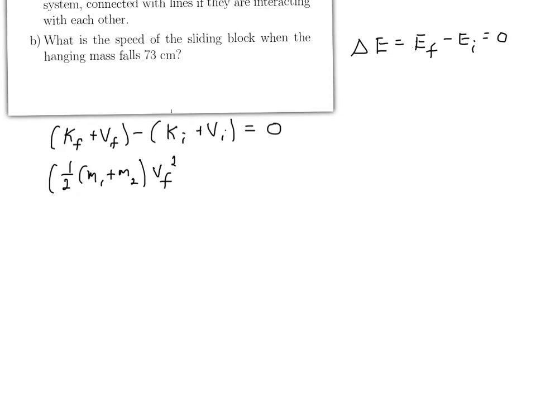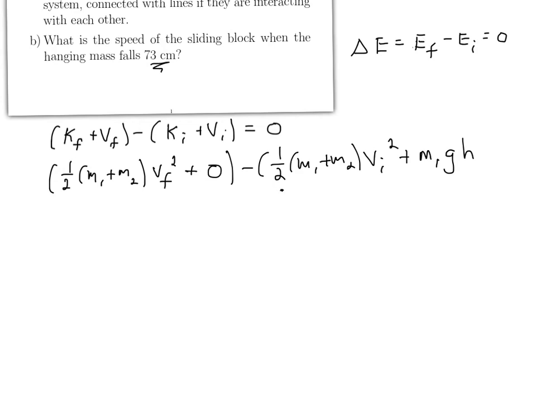So I can just put in plus 0 because the final potential energy is going to be 0, minus 1/2 (m1 plus m2) v initial squared, plus m, and which m is changing in potential? The potential is only changing because the hanging mass is moving, so this is only m1 g times h, where I'm using h to be 73 centimeters. Set that equal to 0.